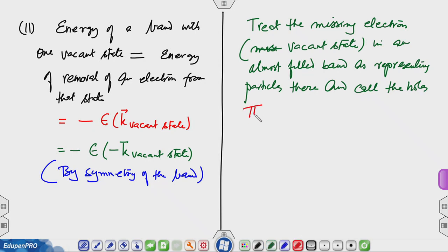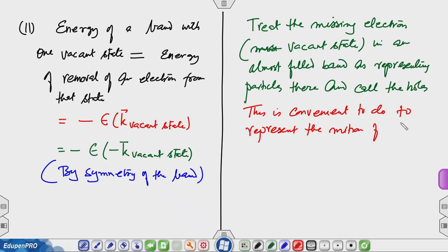This is convenient to do to represent the motion of all the electrons, because as I said the number of vacant states is less.